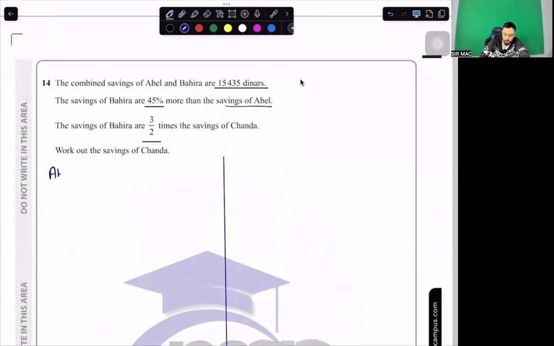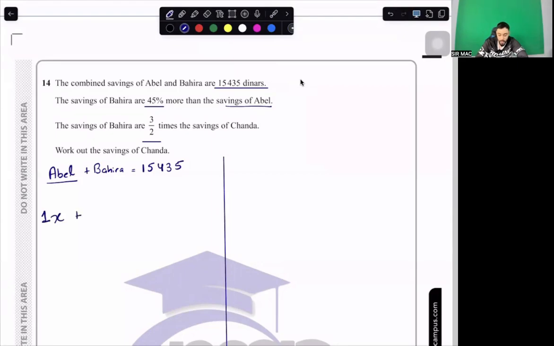So, Abel plus Bahira total savings are 15,435. Bahira basically has 45% more than the savings of Abel. So let's say Abel has X savings, for example 1X.